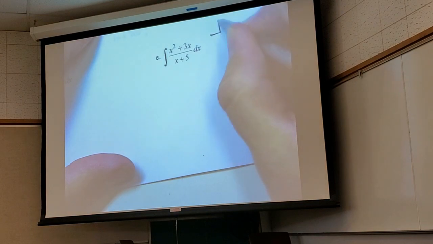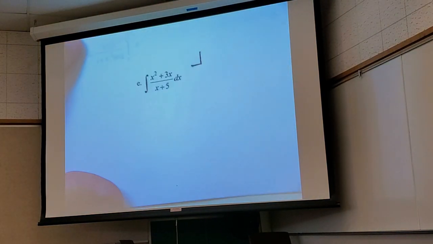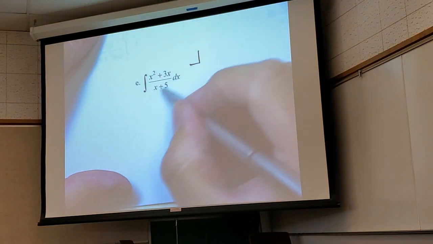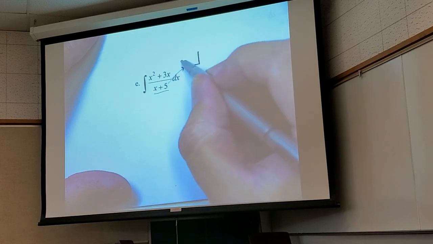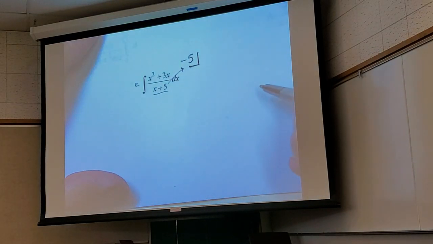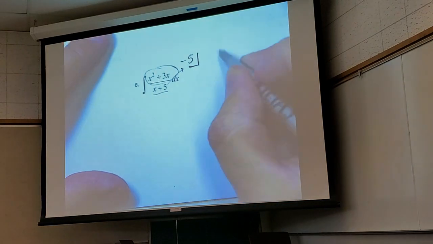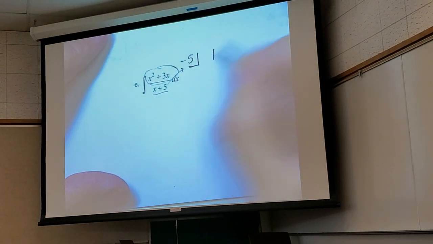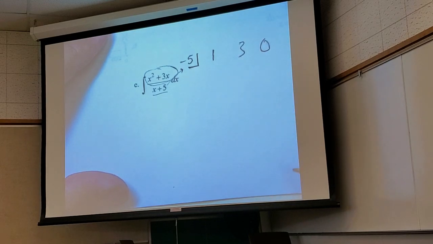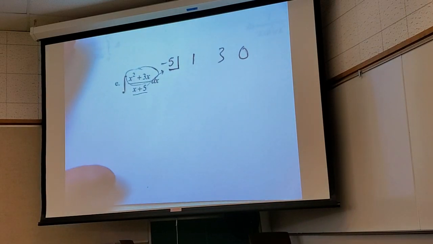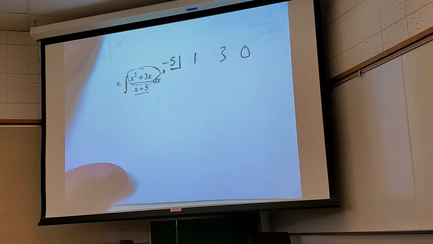So what goes in the penalty box? You guys remember? -5. And then what are the coefficients? 1, 3, and 0. You have to represent everything. 1x squared, 3 x's, no constant.